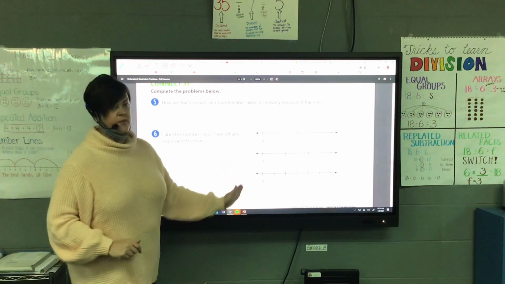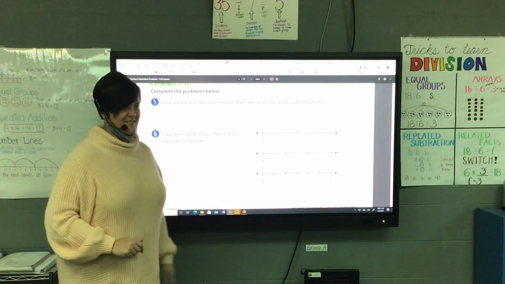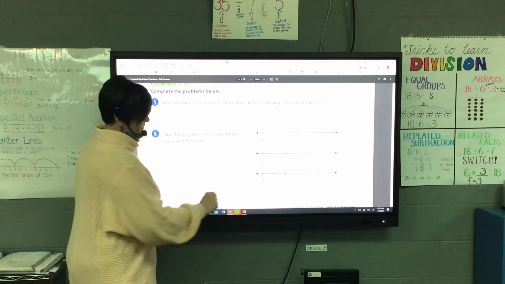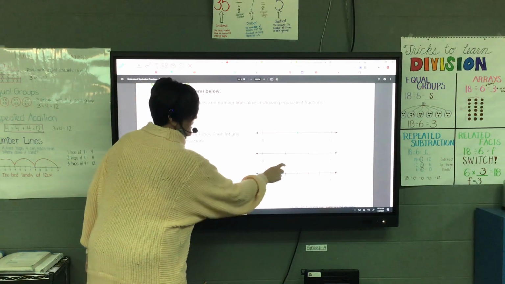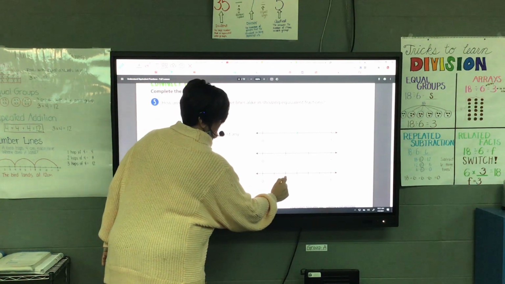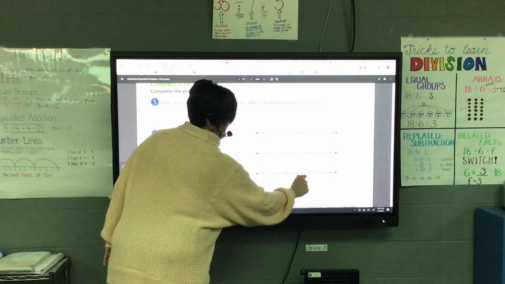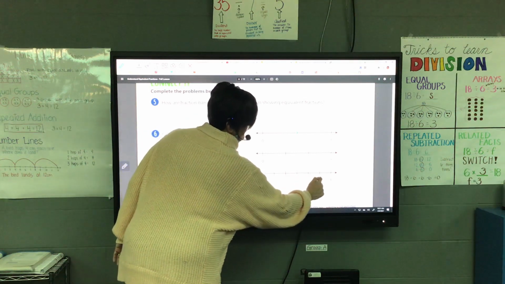So what's the fraction for this first one? 1/6. What's our next fraction, everybody? 2/6. Then, 3/6, then, 4/6, next, 5/6.